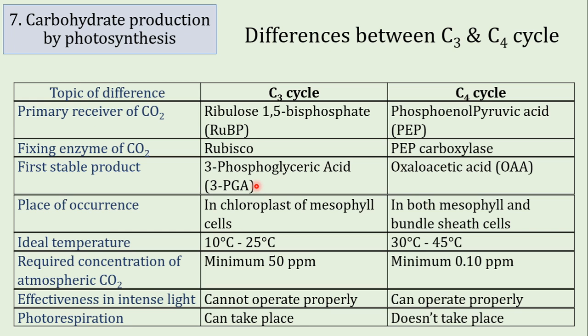Instead of photosynthesis, in presence of light, the plants perform cellular respiration. So this phenomenon is called photorespiration, which is very common in C3 cycle, but in case of C4 cycle, the photorespiration does not take place because they can manage the situation well to proceed the C4 cycle.